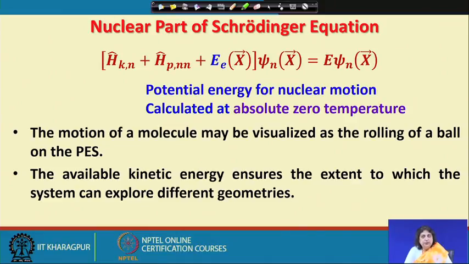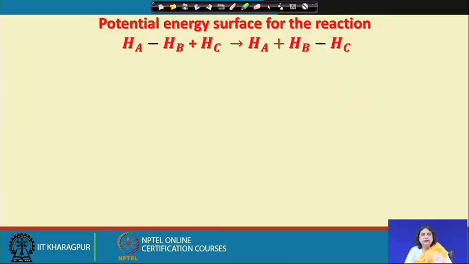If you are at a very low temperature, in the previous case, the two atoms cannot have large kinetic energy, and therefore, they will be forced to stay close to each other, thereby sampling only the geometries near the minimum of the potential energy surface.